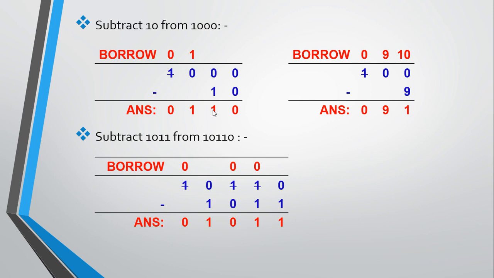So you need to write 1 in the subtraction area. You need to take 1 from this, but it does not contain any value. So you need to consider the next higher order, cut it and place 1 over here. So the output would be 110.